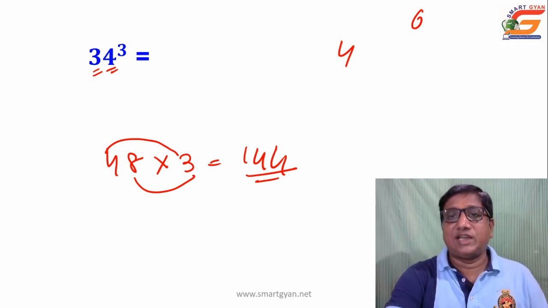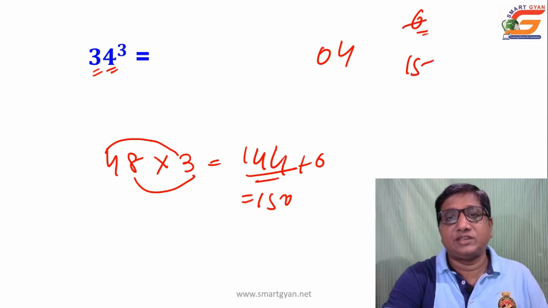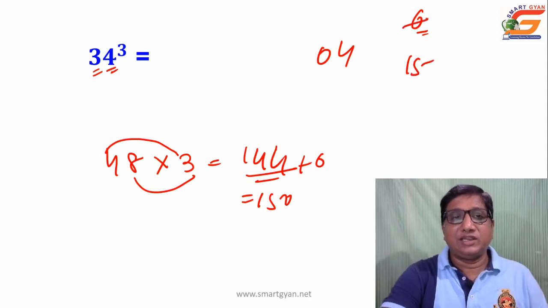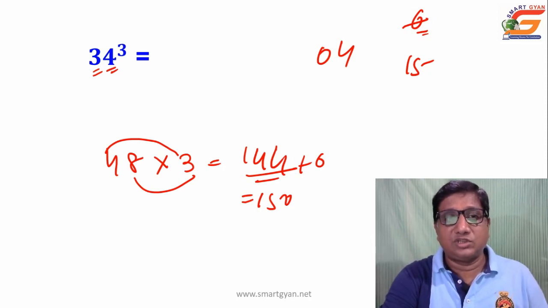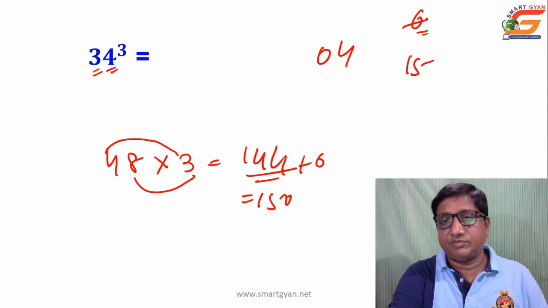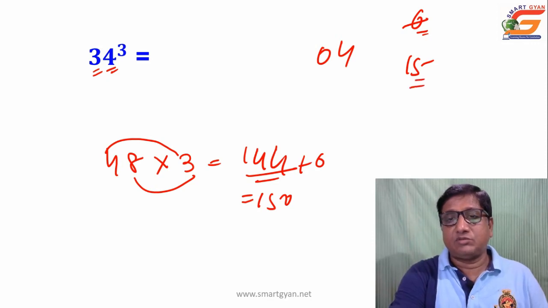144 plus carry 6 is there, so 144 plus 6 will be 150. We will write 0 and carry 15, this 6 cancelled. Then next is 3 square, that is 9 into 4, 36 into 3, 108, 108 plus 15, 123.